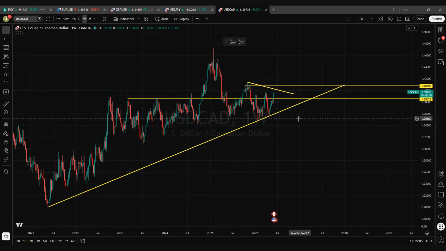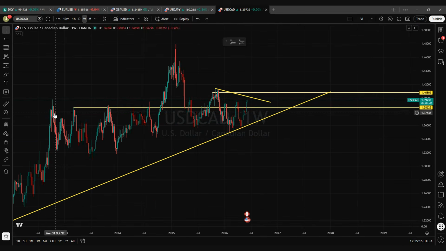So I really like this one, cleaner than the other ones. We already have the support level here, this pivot top of 1.38623. Should price come back down, a lot of price action has traded on this level. I could see this as a key support level near term.